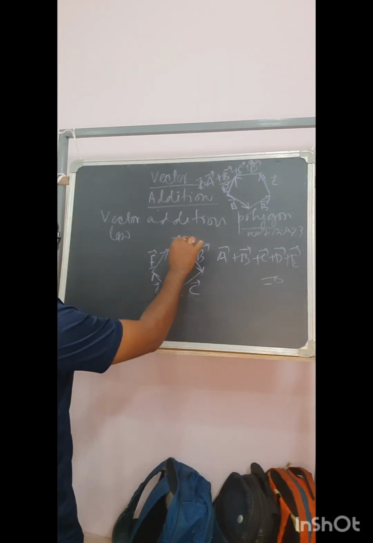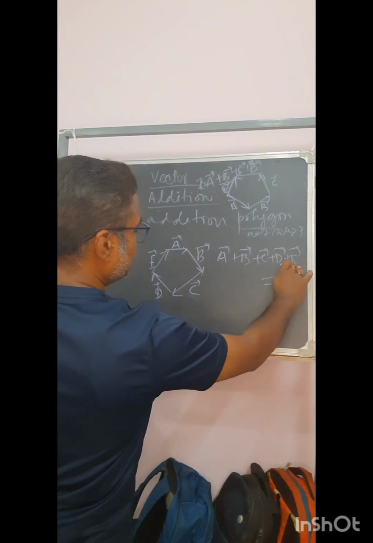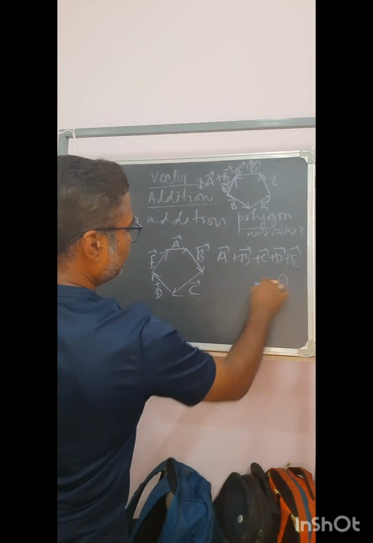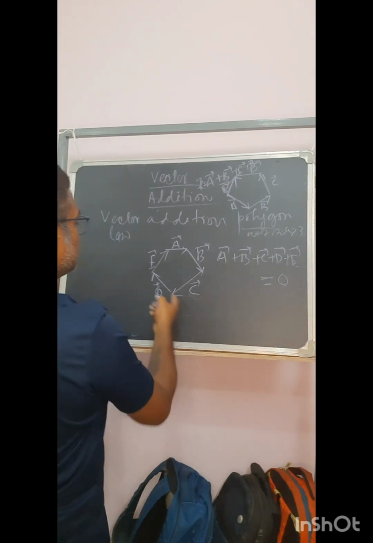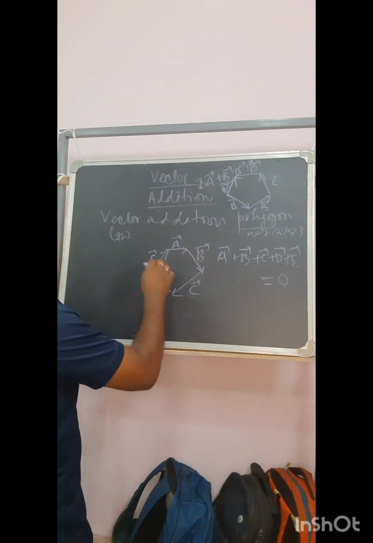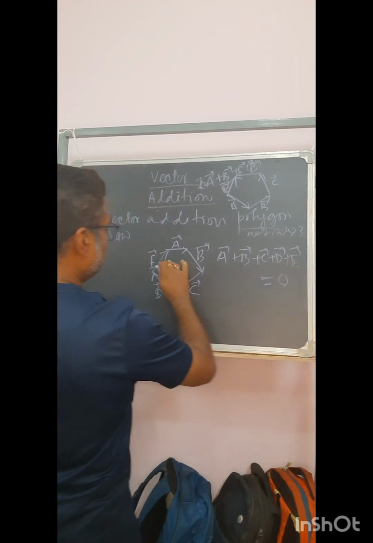So all have to be in the same direction. Only then can we say, if this condition implies that the sum of all the vectors is 0, then it can also be represented with a polygon having a number of vectors.